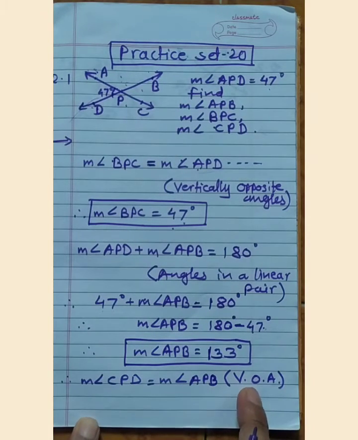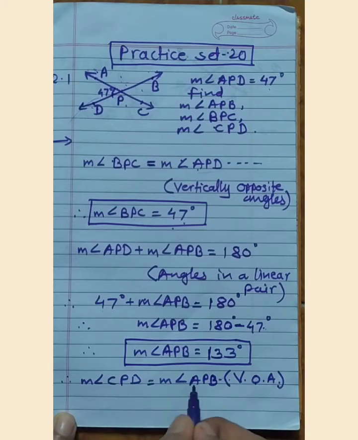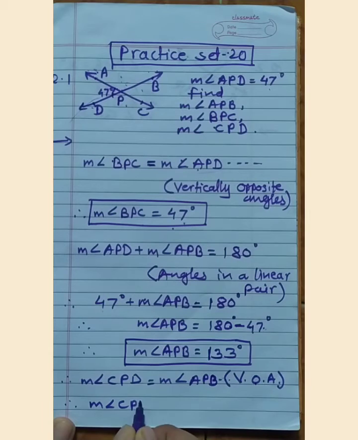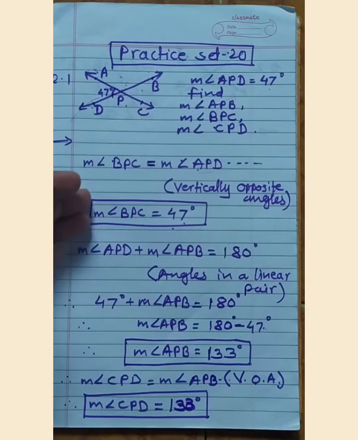I am writing an abbreviation here, but you should write in full words. That is why they are equal in measure. So measure of angle CPD is equal to measure of angle APB, which is 133 degrees. So here we find the measures of all three angles.